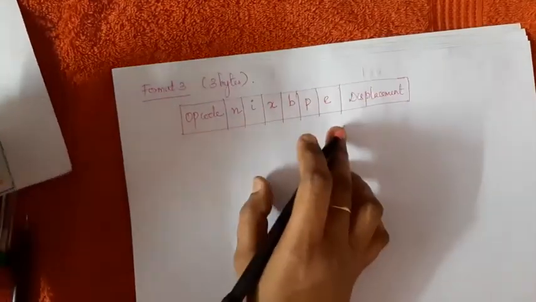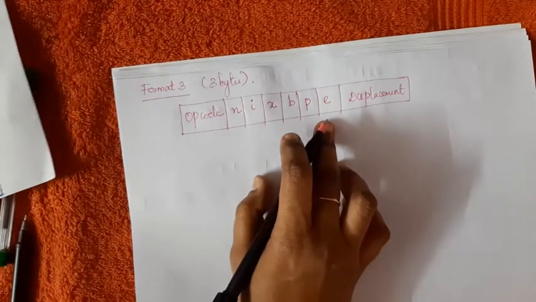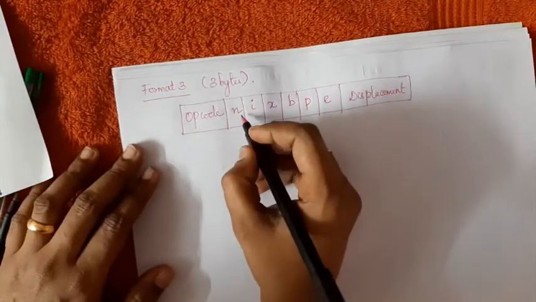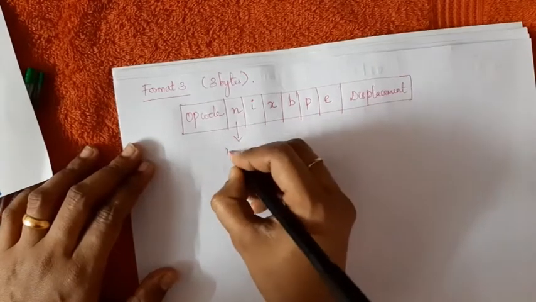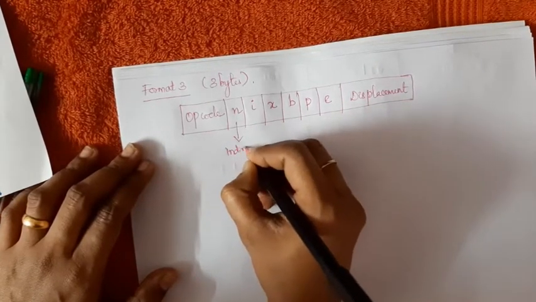So this is the format 3 instruction. Okay, here N specifies indirect addressing mode.